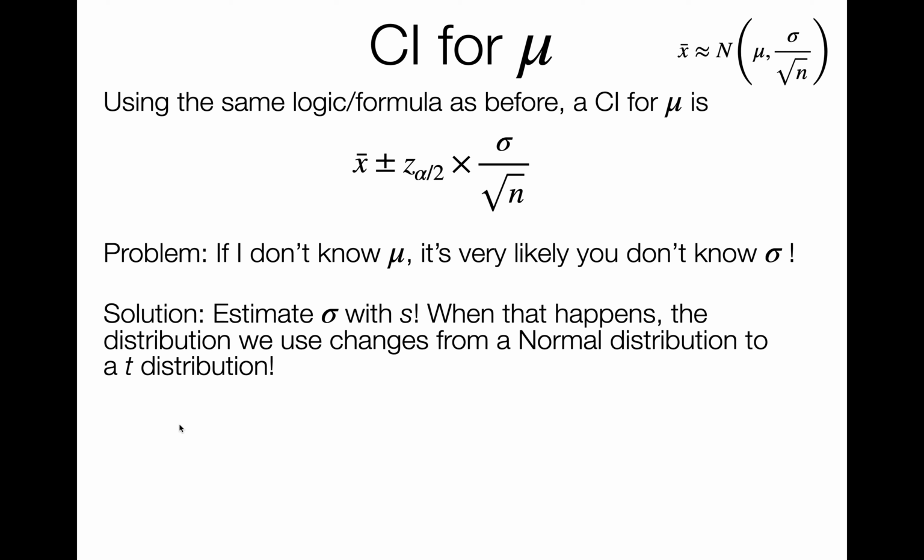So the pseudonym that he used was Student. This t-distribution is often called Student's t-distribution, named after William Gossett. So that's my mini history lesson. If you don't like history, it's over now, and if you do, you can look up William Gossett some more.